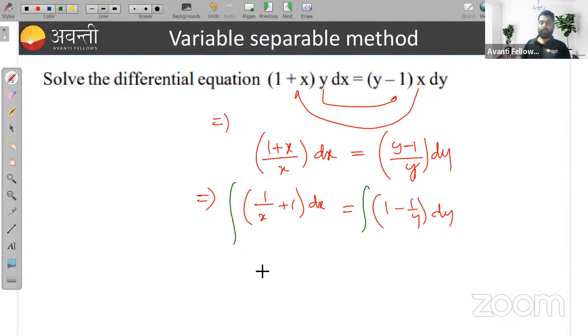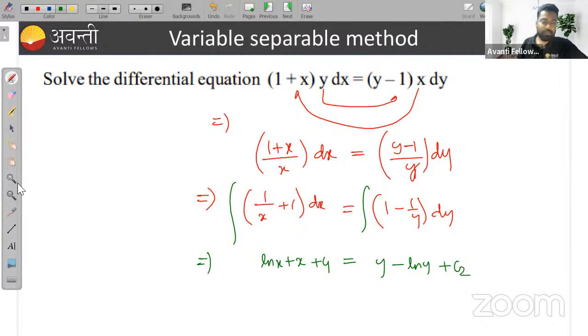By integrating, we get the integration of 1 by x with respect to x, that is ln x, plus the integration of 1, which is x, plus c1, is equal to y minus ln y plus c2.